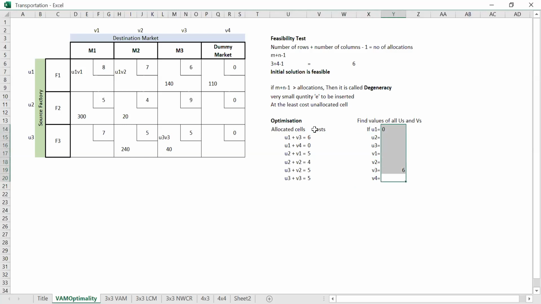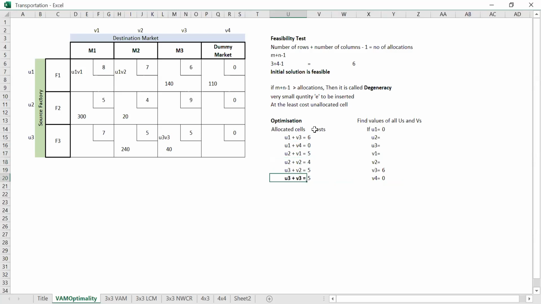V3 will be 6. Similarly, U1 is 0, V4 will also be 0, because we have U1, V4 is equal to 0. If we assume U1 is 0, then V3 will be 6 and V4 will be 0. Now, since we have V3 and V4 values, we can use it in this equation.